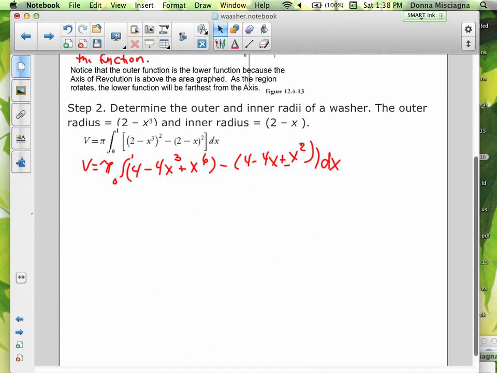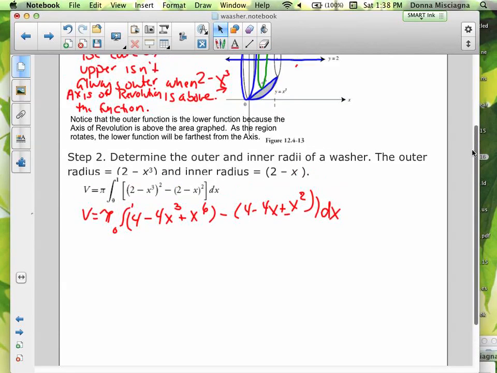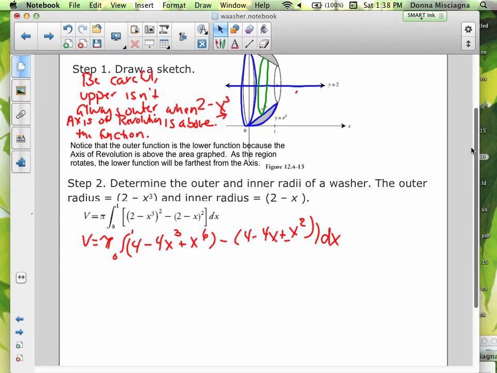All right, so here we'll integrate and evaluate this. We've got the 4 minus 4x cubed plus x to the 6, and then minus the 4 minus 4x plus x squared dx. So now we'll integrate, and as I integrate, I'm going to distribute the negative.